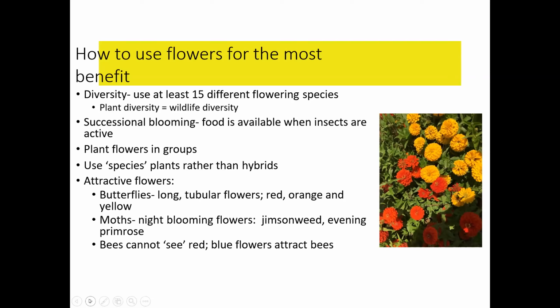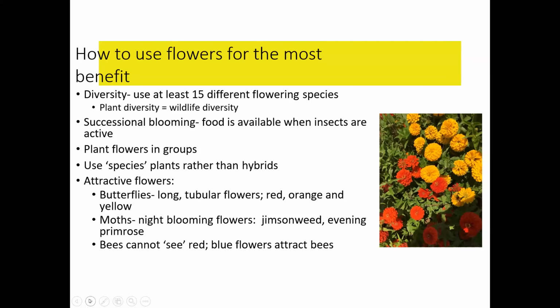Plan for successional blooming. Have flowers and food available when insects are active. Generally, the threshold for most insects is about 50 degrees. Once you get higher than 50 degrees, insects tend to become active.